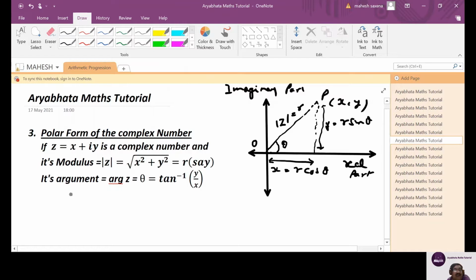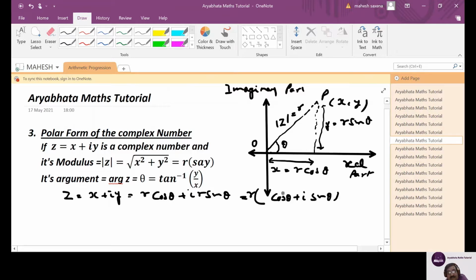Therefore, we can write z is equal to x plus iy, that is r cos theta plus ir sin theta, equal to, taking r common, r times cos theta plus i sin theta. It is the polar form.